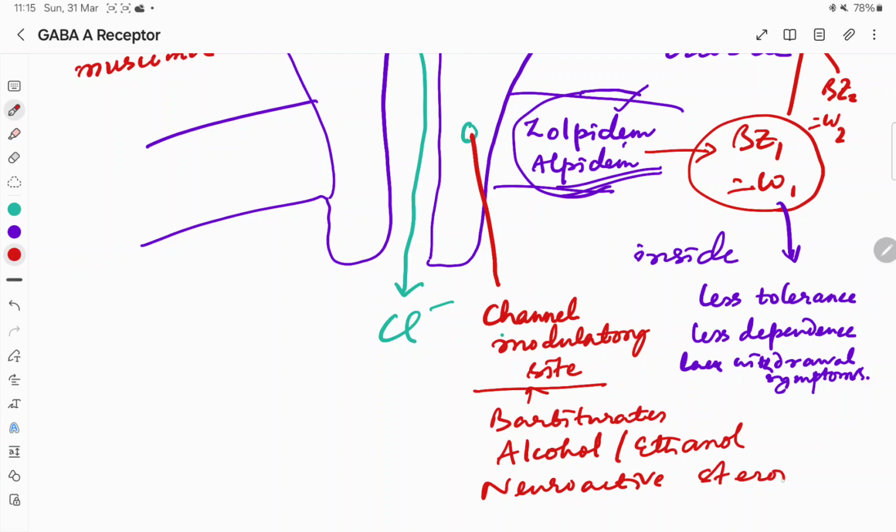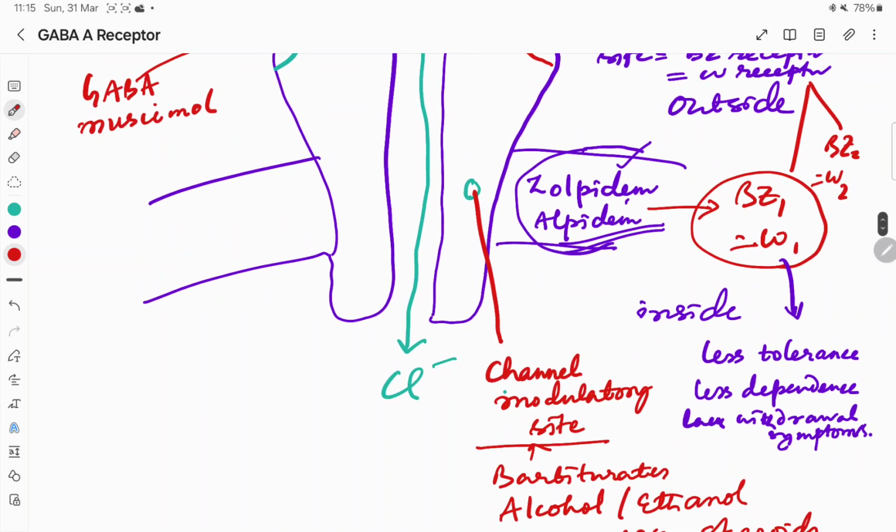So all these act on different sites, and combined we call them channel modulator sites.